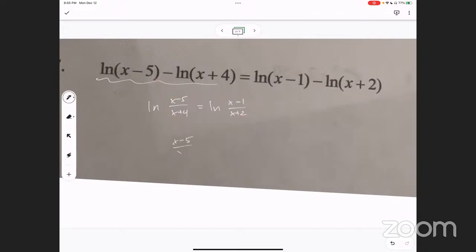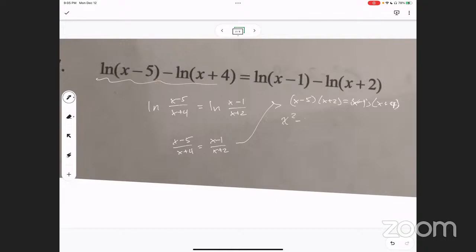So x minus 5 over x plus 4 equals x minus 1 over x plus 2. Now cross multiply, we'll do this up here. So we've got x minus 5 times x plus 2 equals x minus 1 times x plus 4. My pencil's not doing a good job right now.